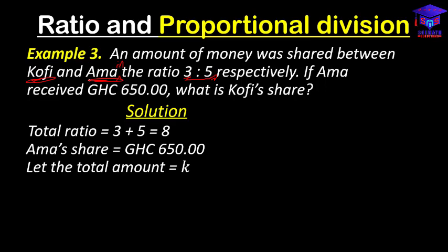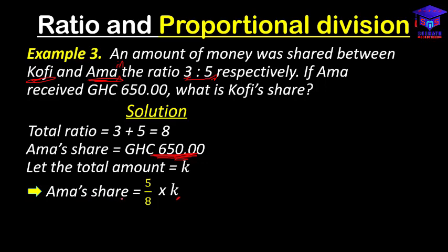So now let's pay attention to this. We don't know the total amount that they shared, but you agree with me that Ama's share will be Ama's fraction times the total amount that they shared. That is what will give us Ama's share, right? So Ama's share is equal to Ama's fraction times the total amount that they're supposed to share, which we don't know, and we said should be K. Is that okay?